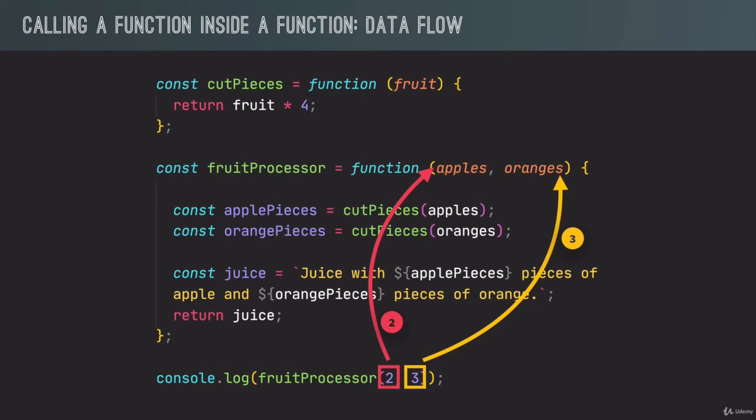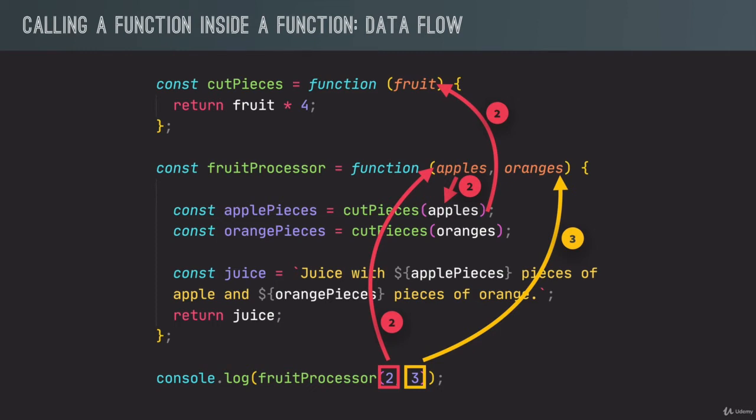And now let's analyze what's going to happen with this apples value. So apples right now holds the number 2. And that value 2 will then be used to call the cutFruitPieces function, right? Now, as we call cutFruitPieces, this 2 is actually the argument for the function. And it will basically replace the fruit parameter, so the fruit placeholder.